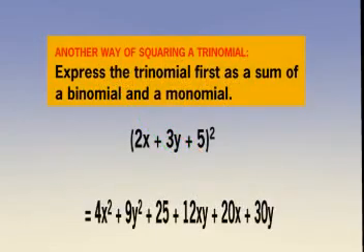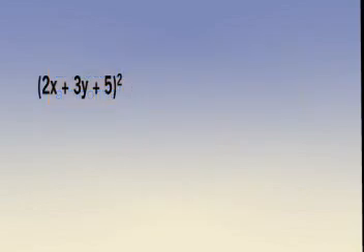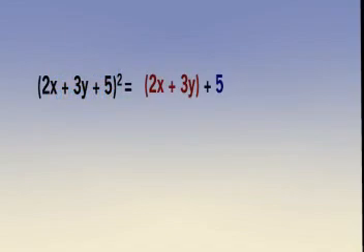We can also square a trinomial by expressing it first as a sum of a binomial and a monomial. 2x plus 3y plus 5 is equal to the quantity 2x plus 3y, plus 5.